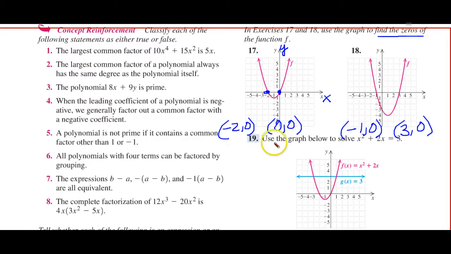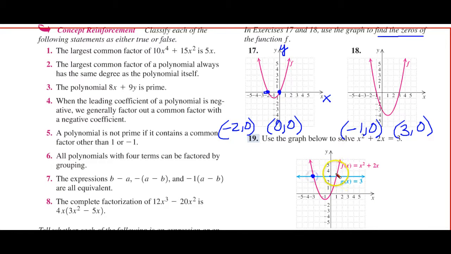Now, it says use the graph below to solve if your equation is this: x to the second plus 2x equals 3. Well, we look right here where g of x is 3, which is right there. So what would be your solutions there?